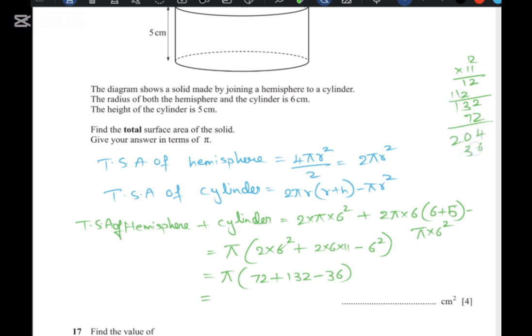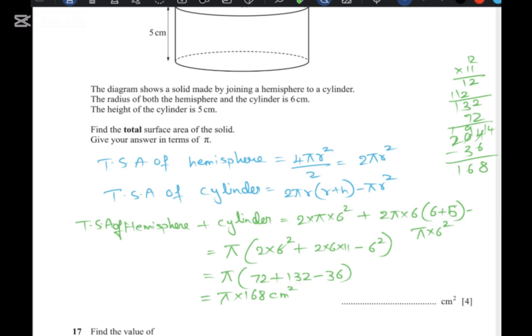From 204 subtract 36. 14 minus 6 is 8, 9 minus 3 is 6, and 1, so 168. Pi into 168 centimeter square.